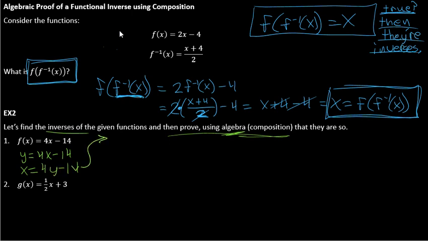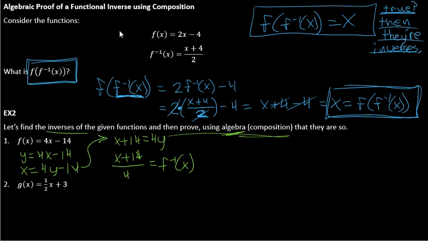I'm going to add 14 to both sides, so x plus 14 equals 4y. Then I'm going to divide by 4 on both sides, so I have x plus 14 all over 4 equals my f inverse of x.